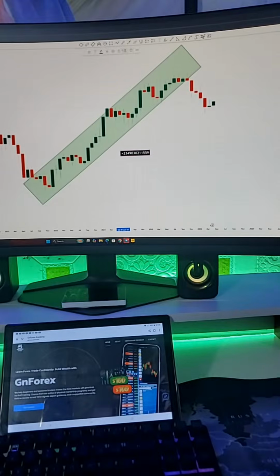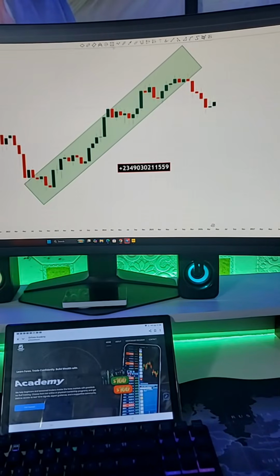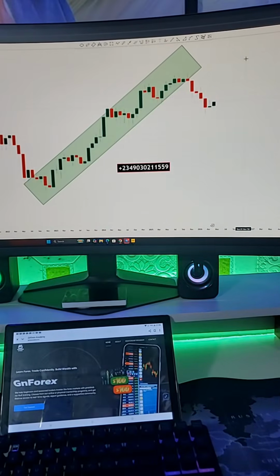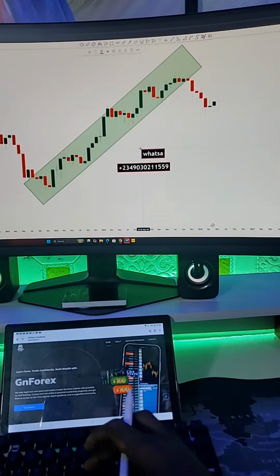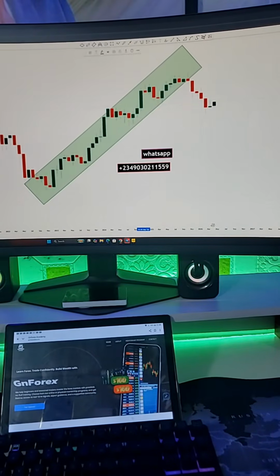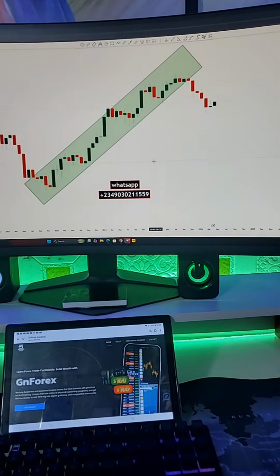Guys, send a message on WhatsApp, then let's plan it and do it. Me, I'm a very rugged scalper, and let me wear this stuff. Let's do it. I'm interested.